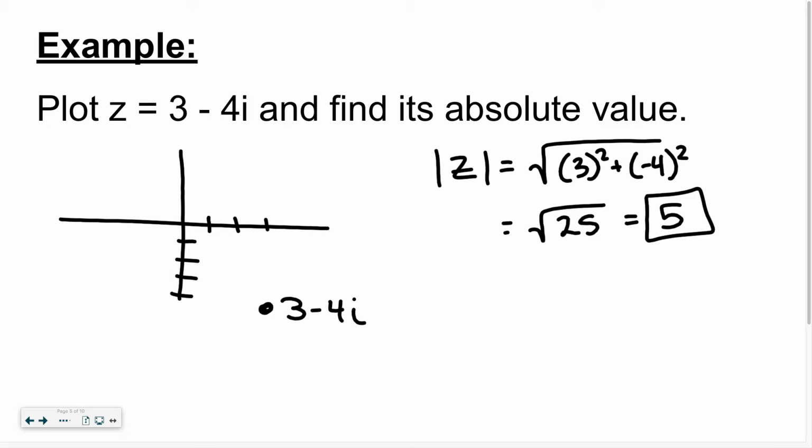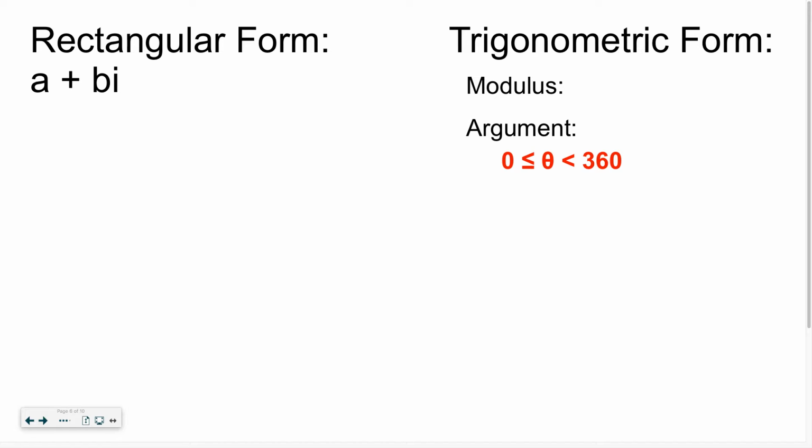Okay, now we're going to get into the good parts, where we change it into trig form. So we called it standard form. On the previous slide, it's currently the only form of a complex number that you know, a plus bi.